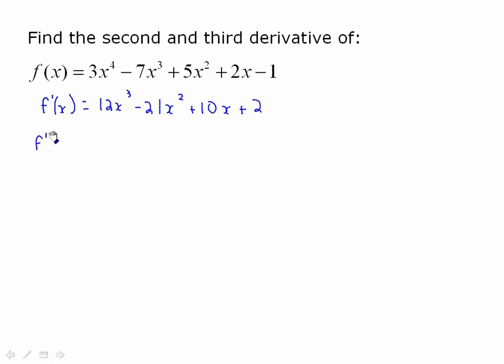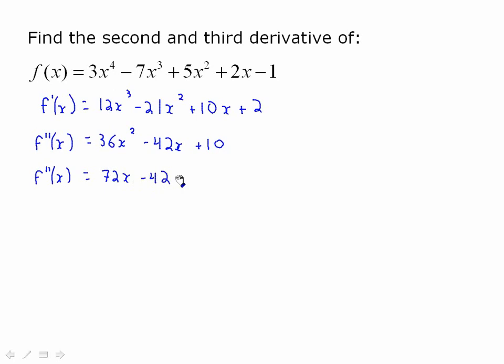The second derivative would be 36x squared minus 42x plus 10. So now we're down to a quadratic. And then the third derivative is equal to 72x minus 42. And then, of course, you could keep going at least one more derivative.